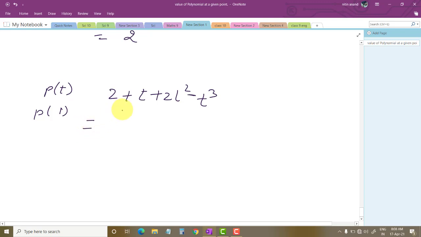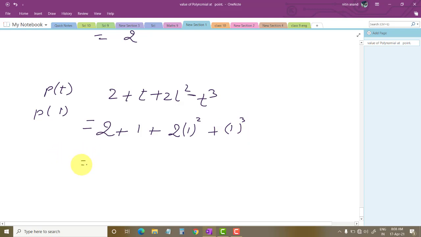Now see, we will replace all the t by 1. Then it becomes 2 plus 1, plus 2 times 1 square, plus, sorry, minus 1 cube.